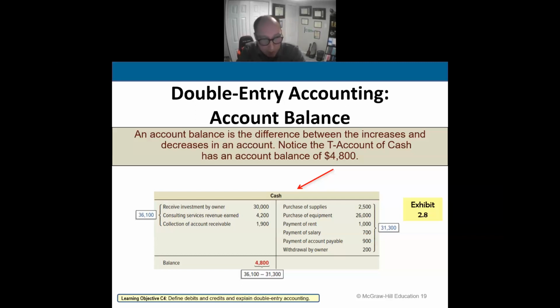So over the course of a month, I increased my cash by $36,100, and I decreased my cash by $31,300, giving me a balance of $4,800. $36,100 cash in minus cash out, $31,300 gives me a balance of $4,800. And we see that balance is on the debit side because it represents a positive cash balance.